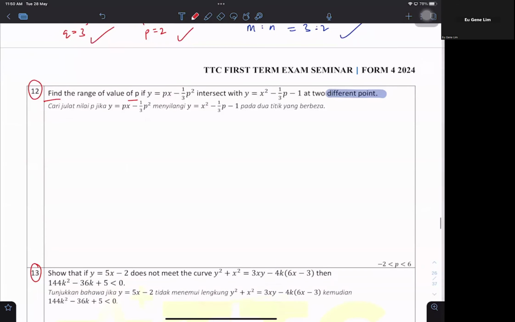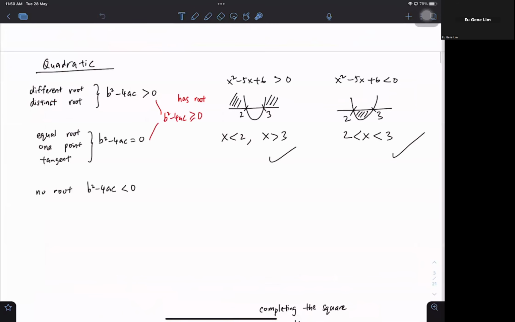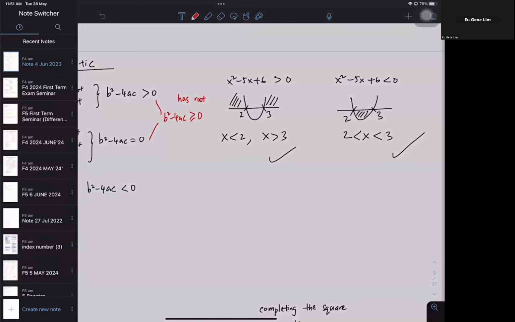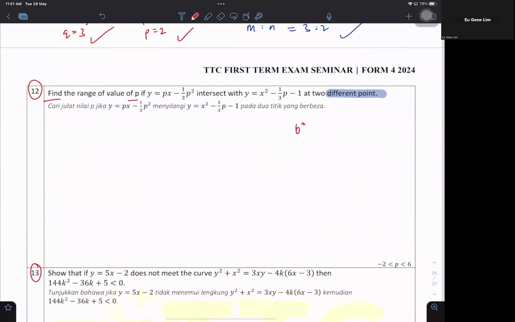The formula keyword. Different points is different roots. Understand? So you have to do this: B squared minus 4ac bigger than 0. Very good. You need to do this formula: B squared minus 4ac bigger than 0.